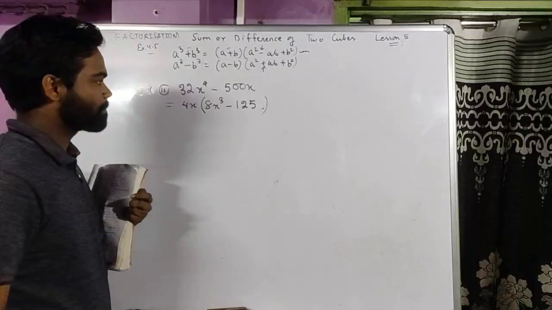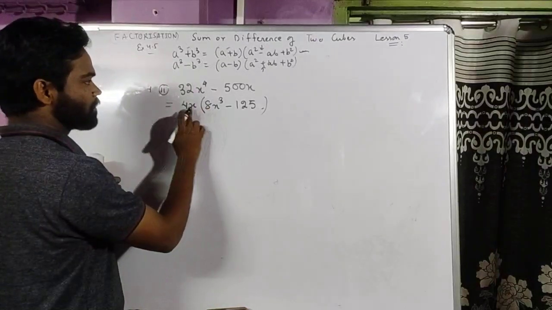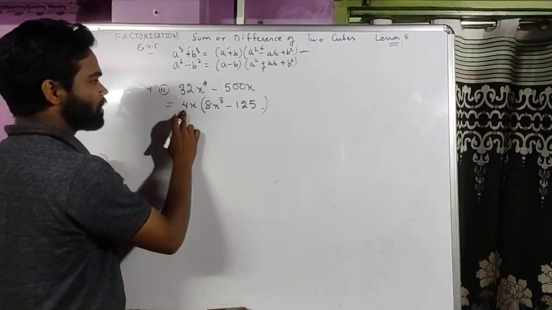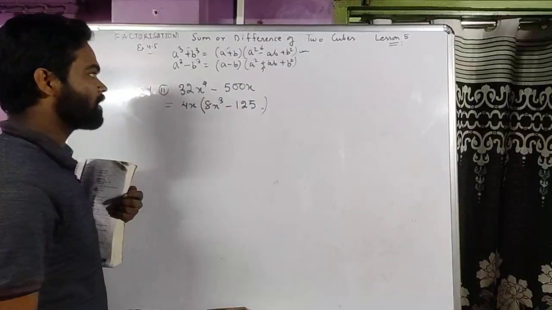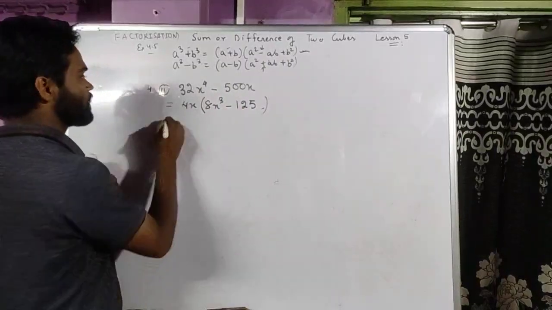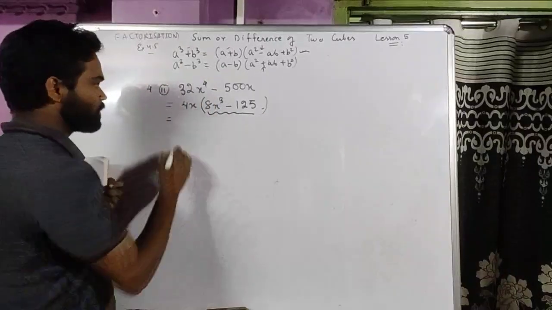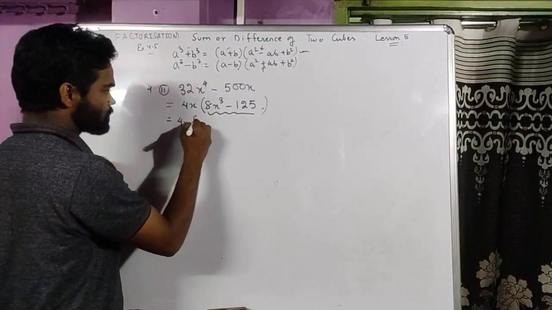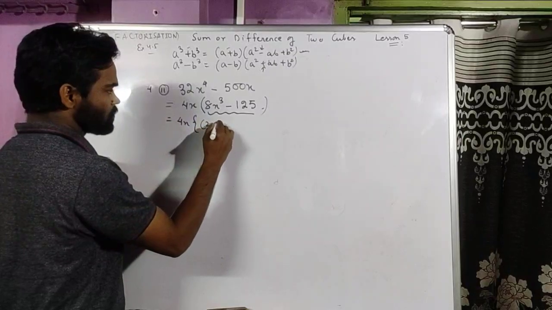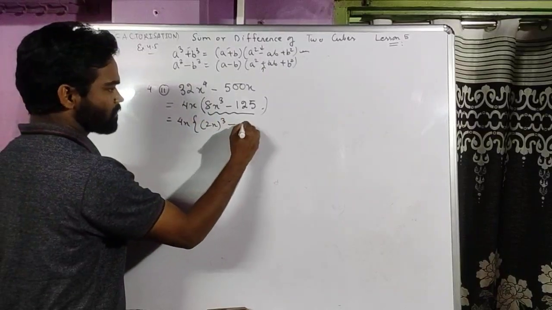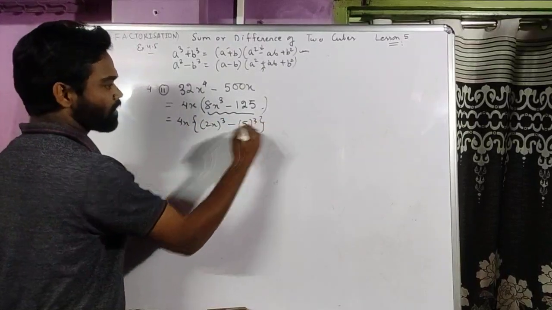Look carefully. 4 8s are 32. X into x cube is x power 4, and 4 multiplied by 125 gives you 500. Now this we can represent in this form. How? This is 2x whole cube minus 5 cube. Can I write like this?